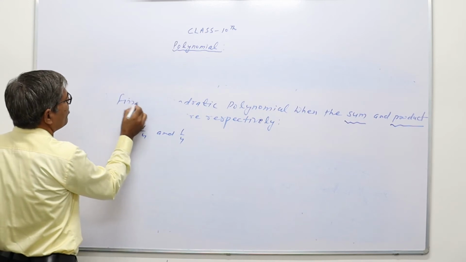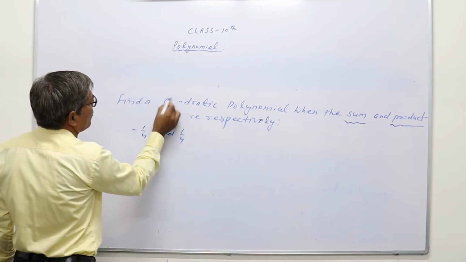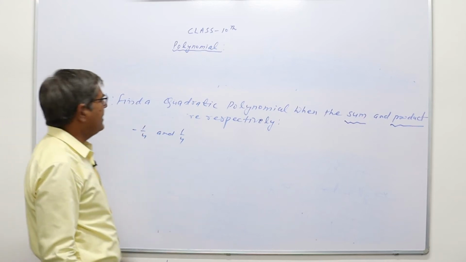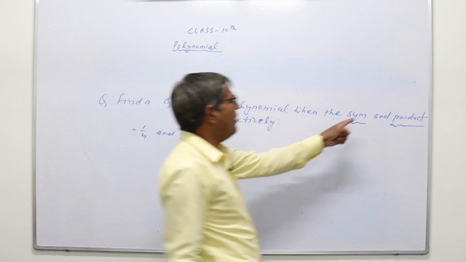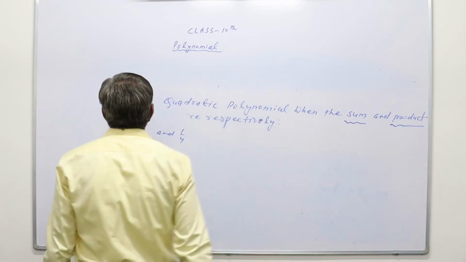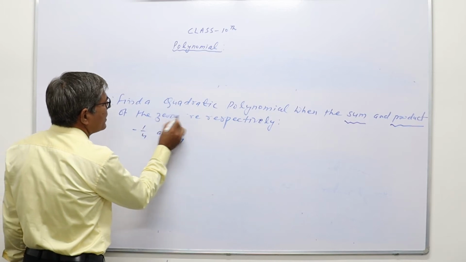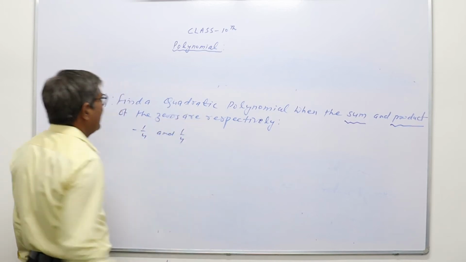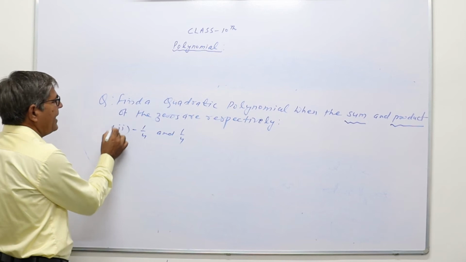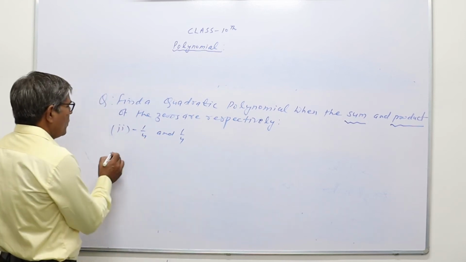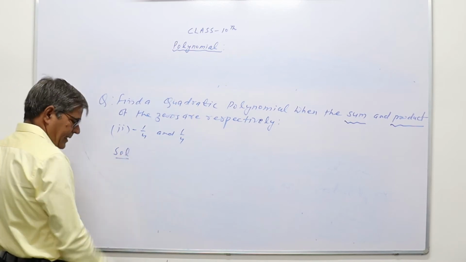Find a quadratic polynomial when the sum and product of the zeros are, question number two, minus 1 by 4 and 1 by 4. So how will we solve this question?